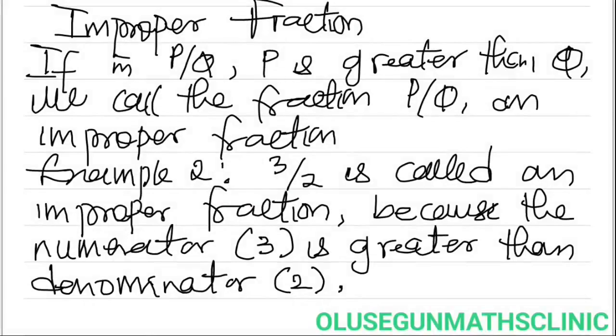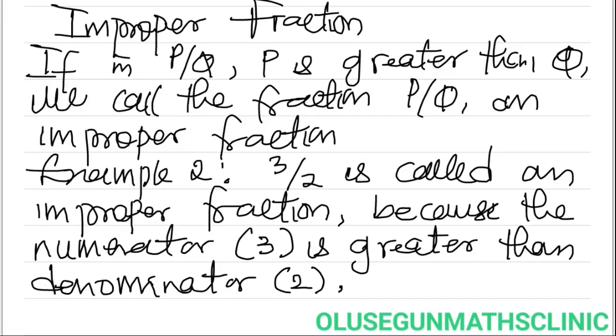Another type of fraction is what we call an improper fraction. If in P divided by Q, P is greater than Q, we call the fraction P over Q an improper fraction.